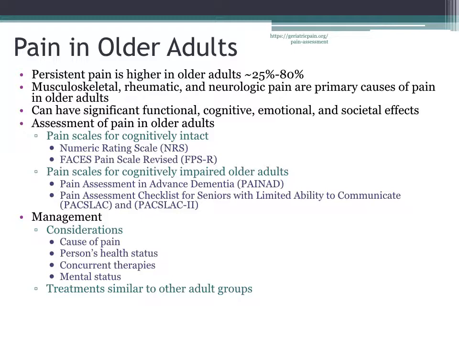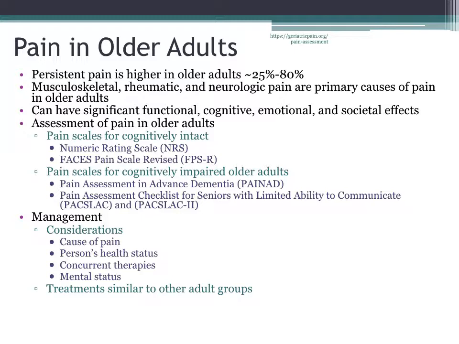So think about maybe your patient who may have had a stroke, but they are still able to communicate. Maybe you're not able to understand them, but they're able to point at something. So a FACES pain scale may be appropriate for them because they can take their finger and point to the face that is at the level of pain that they are having.